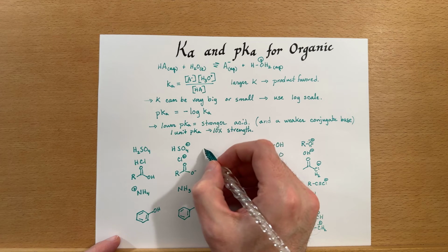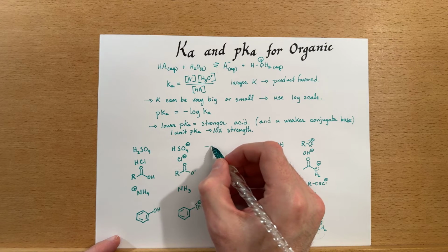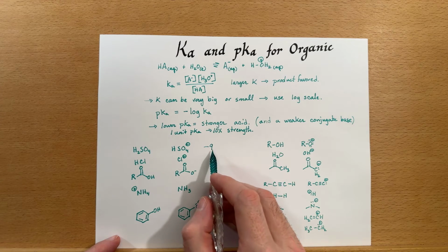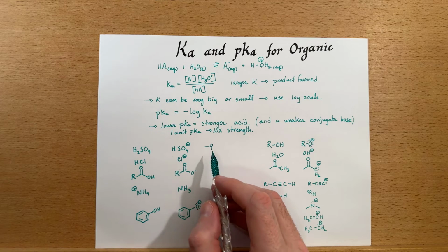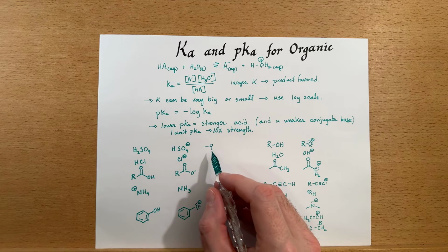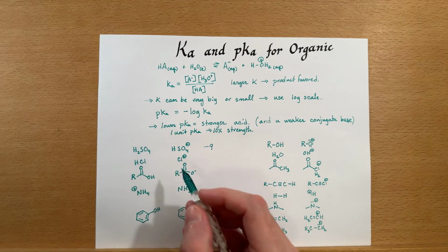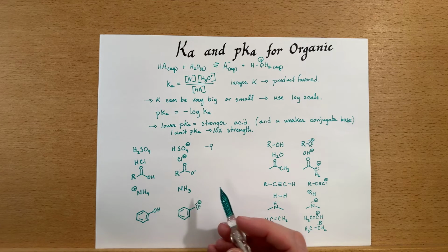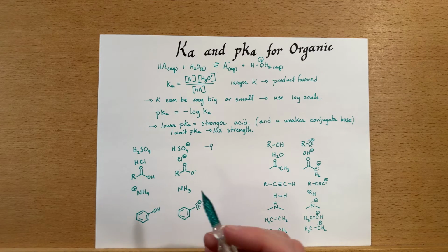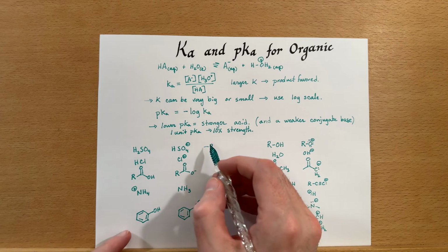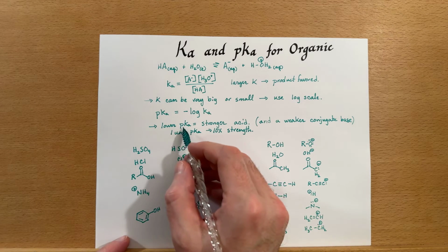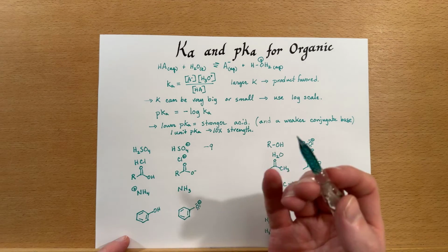And this has a pKa value of around -9. So this is a very strong acid. And you probably have learned in general chemistry that sulfuric acid is one of the strong acids. So that fits. A very small, so a low pKa, strong acid.